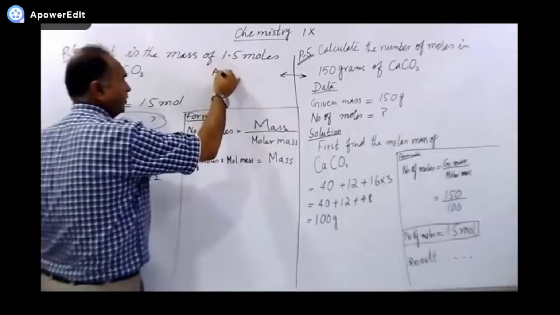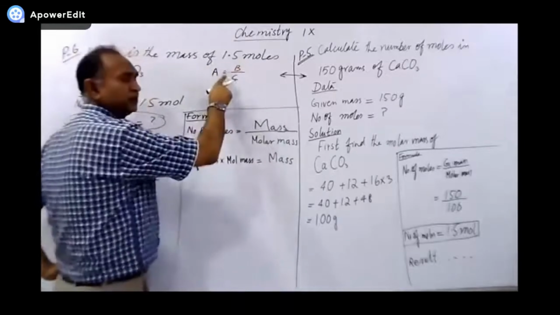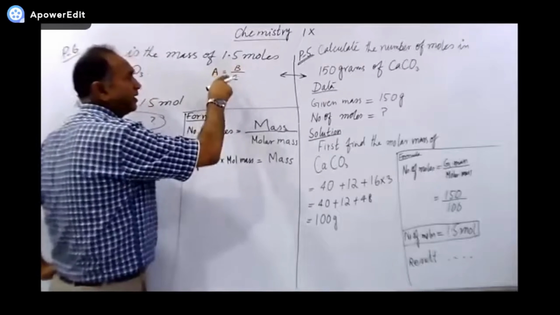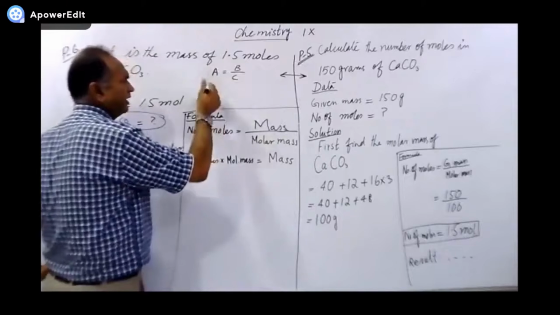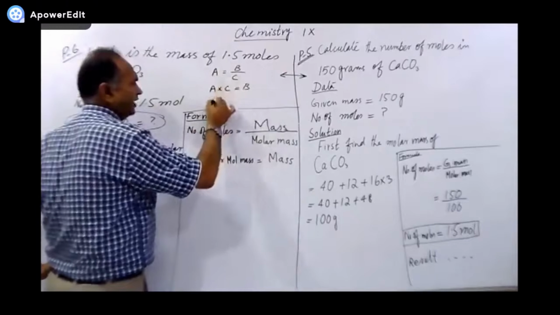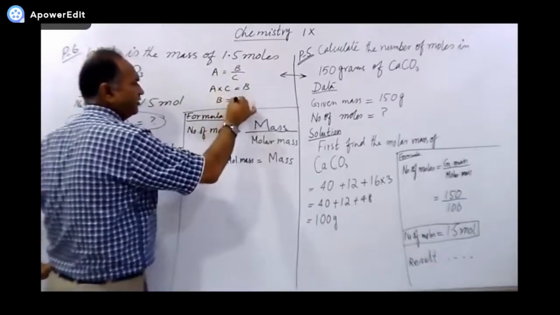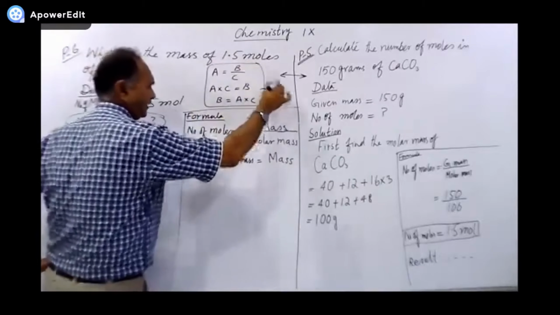A is equal to B upon C. Now if I want to find B, or make B the subject, I should write C over here, so it can be written as A into C is equal to B. And finally the formula will become B is equal to A into C. The same logic we'll use over here.